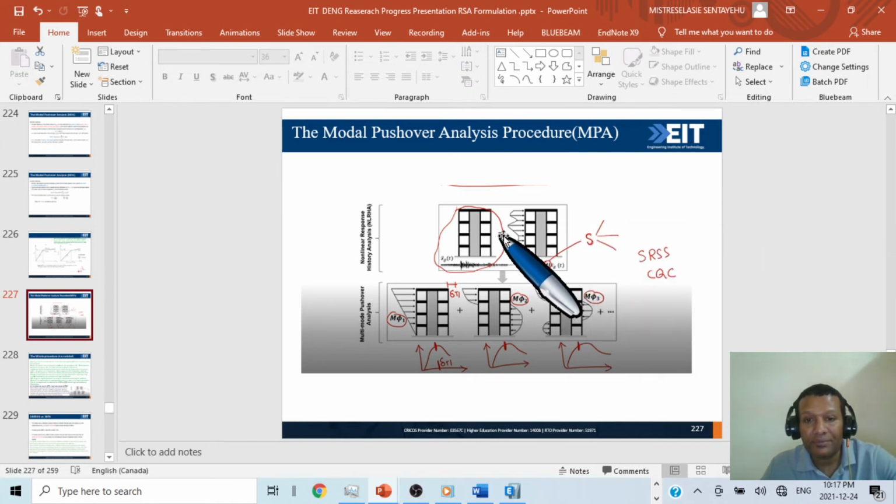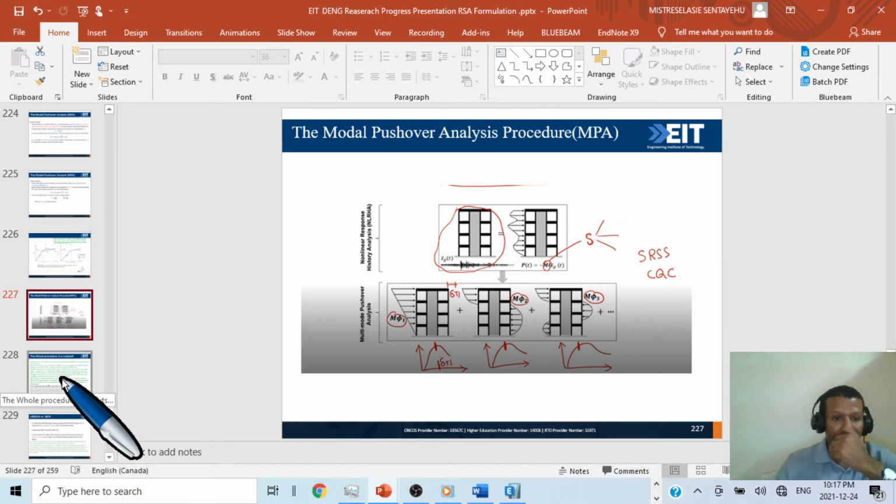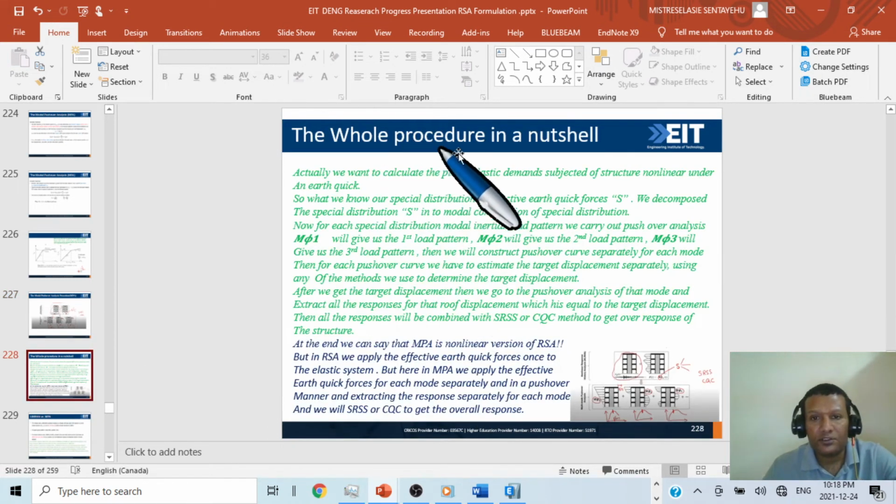For each mode, instead of applying it once like in UMRHA, you apply it progressively, find the maximum roof displacement, go to your pushover curve, and extract any result, such as moment, shear, or rotation, and then combine with SRSS. Then we are done. That is the whole procedure in a nutshell.